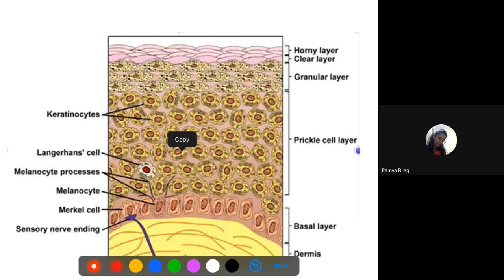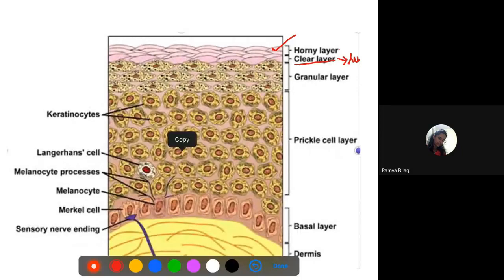So this is a picture showing you both the layers and cells. We shall start with the layers from top to bottom. This is the stratum corneum layer, which is also called the horny layer. Next is the clear cell layer, which is also known as stratum lucidum. That is the second layer.